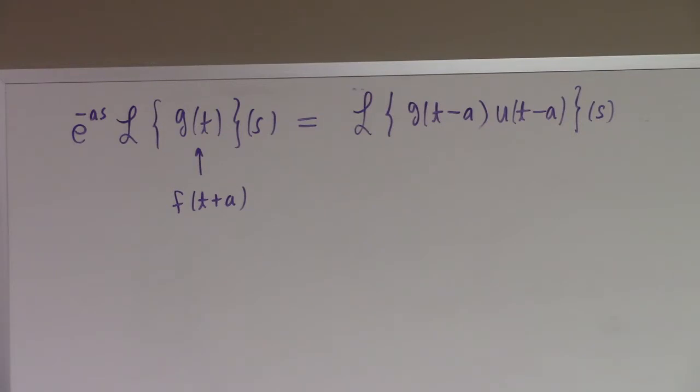I think it'd just be u of t minus a because I'm not messing with this, which is where the unit step functions come from, where the e to the minus as is from. I'm not entirely certain I've written it in the right format just yet.